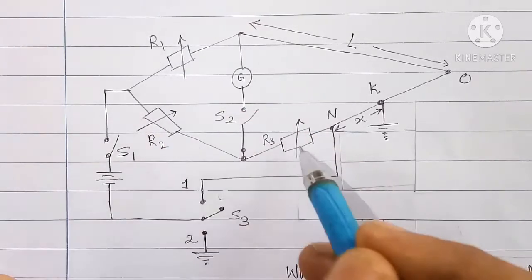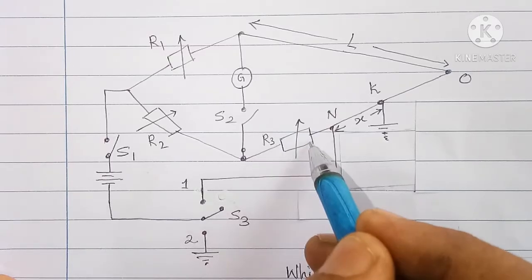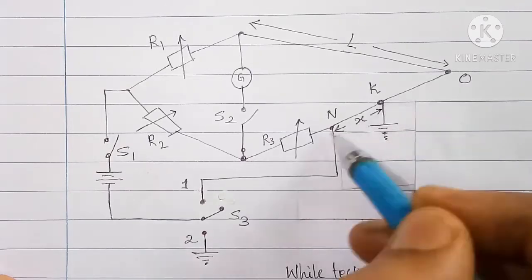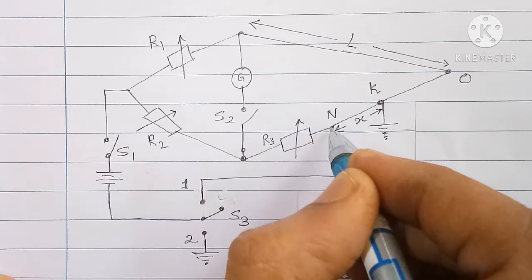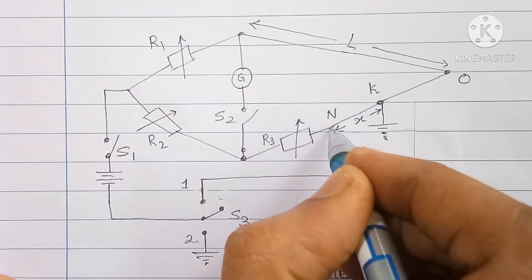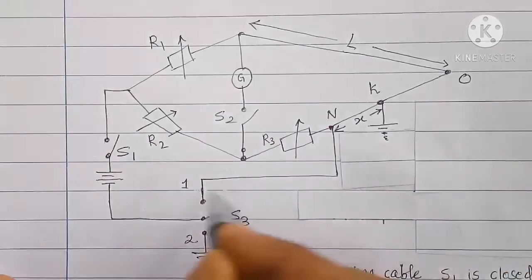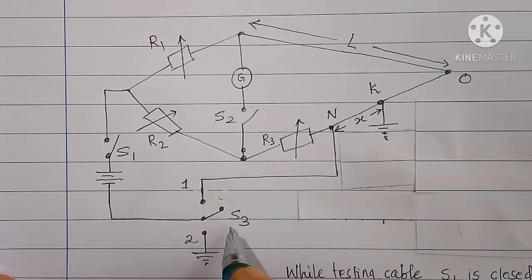In addition to R1 and R2, you can see resistance which is variable named as R3 in series with the faulty cable. And from the end of R3, that is point N, a wire is connected to position 1 of switch S3 and position 2 of switch S3 is connected to the ground.